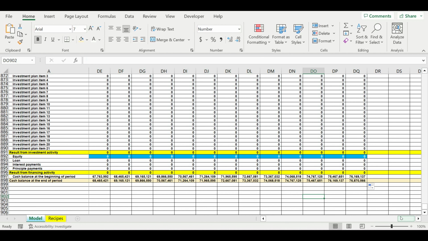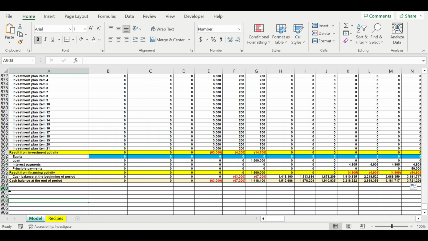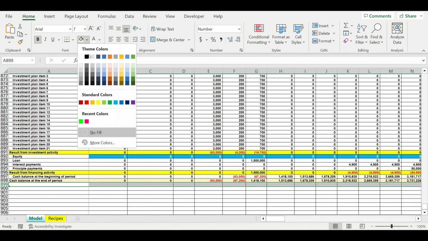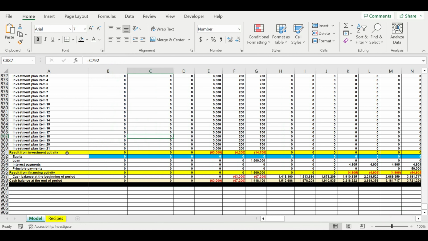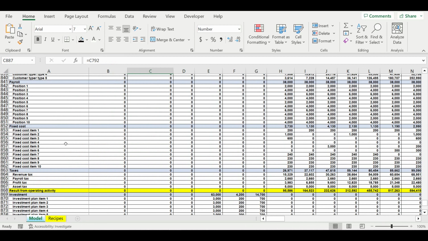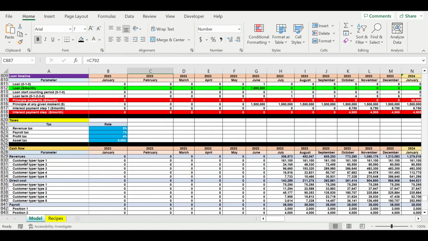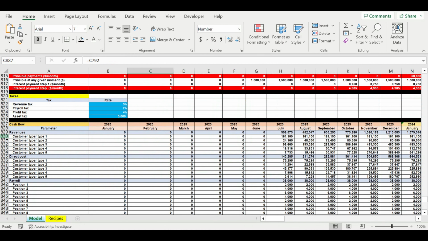So now we are done with the cash flow statement. What we can do now is hide this group of lines: data, outline, group.